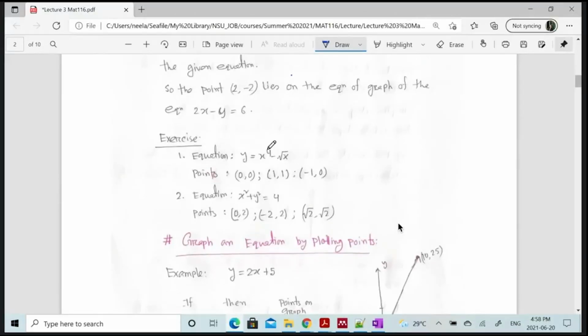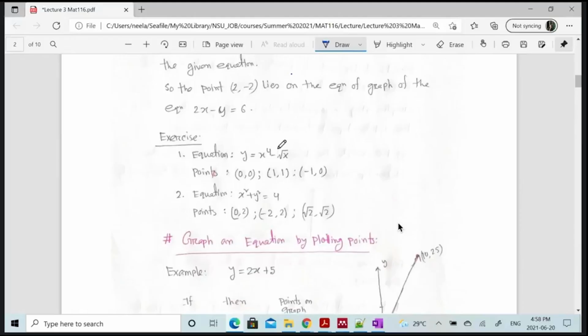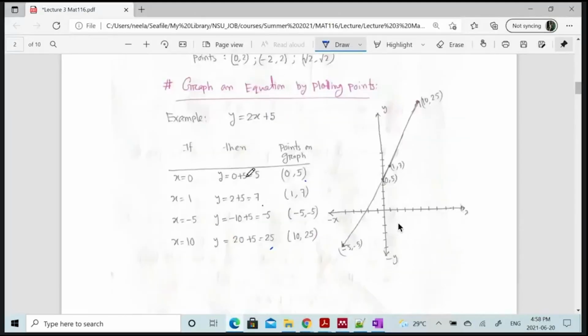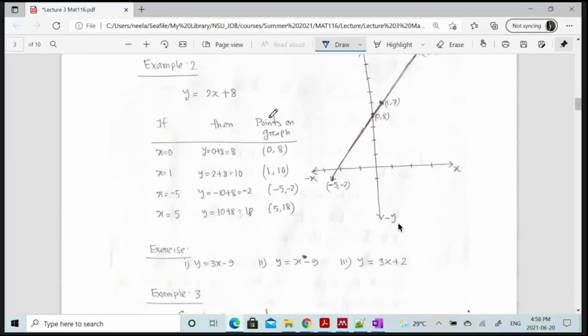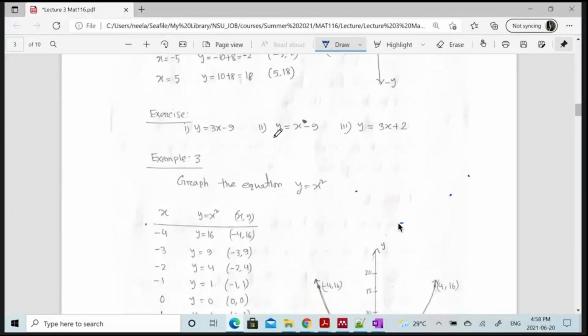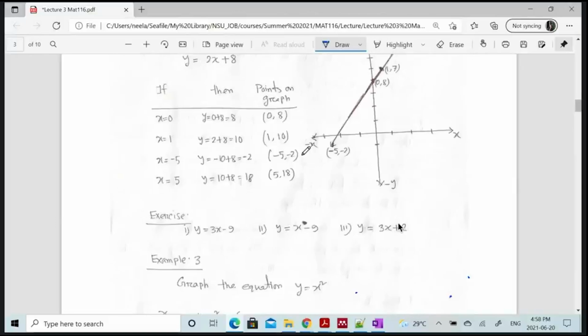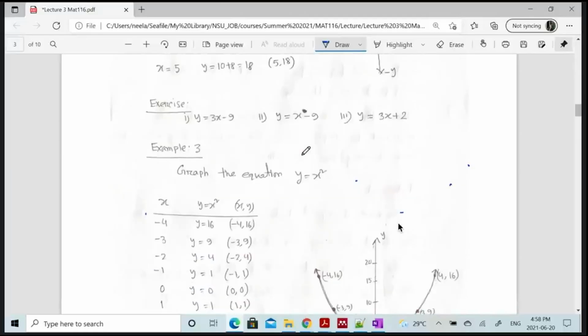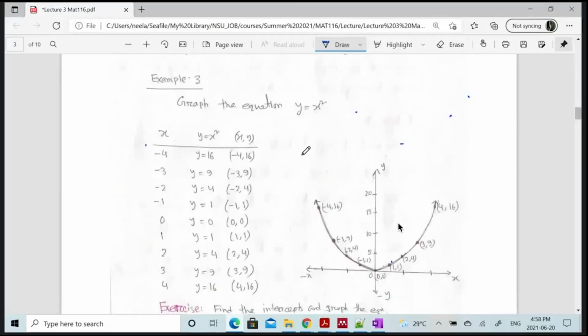We have exercises here, so you guys can play with them. This one I already drew, like y equal to 2x plus 5, so I'm not going to show that. y equal to 2x plus 8 the same way. And y equal to x square. Actually, this page we are going to come back to later, after the end of the lecture, because I want to compare it with you.